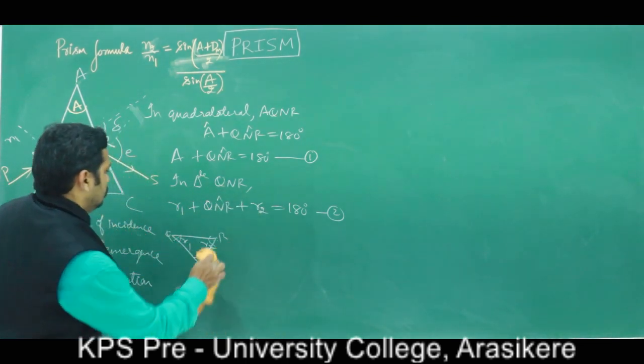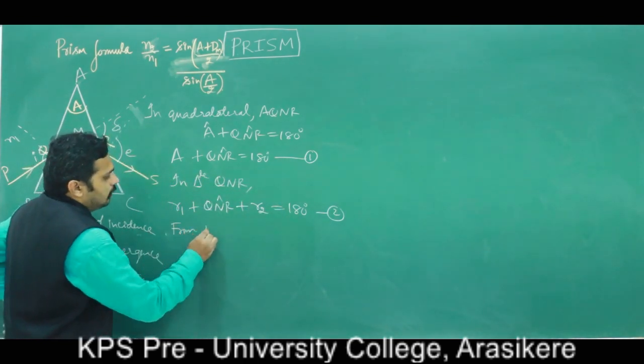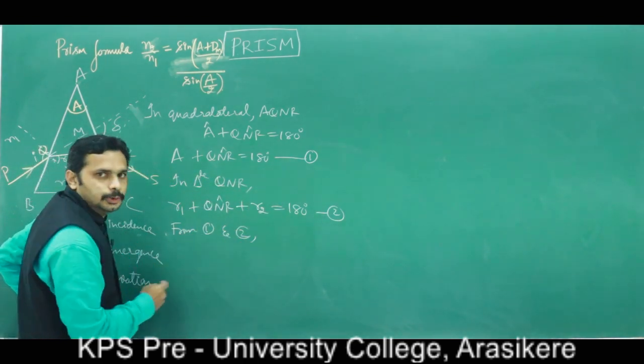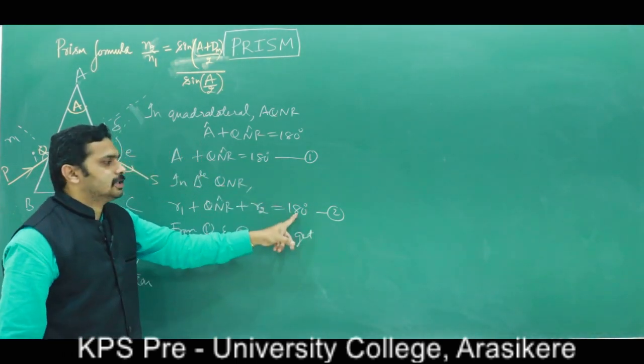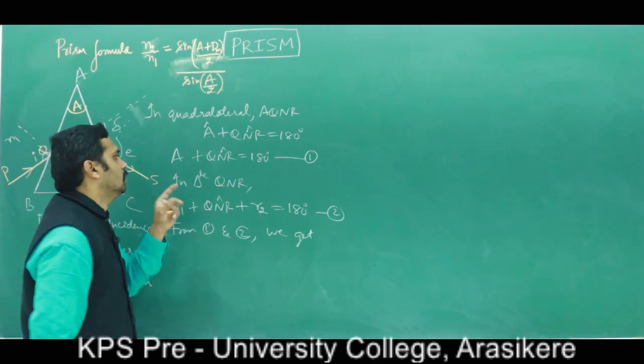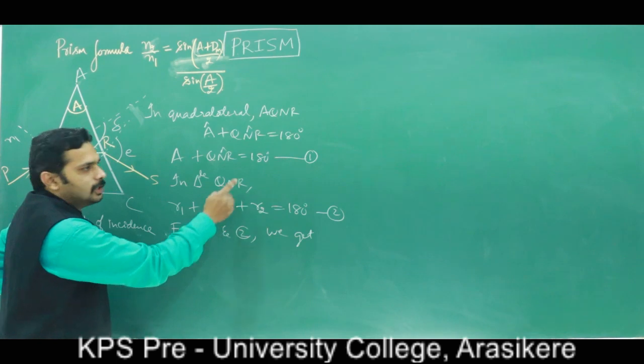Now from equation 1 and 2, we get 180 equals 180. Right hand side equal means left hand side must be equal. In the place of 180 I am writing R1 plus QNR plus R2.